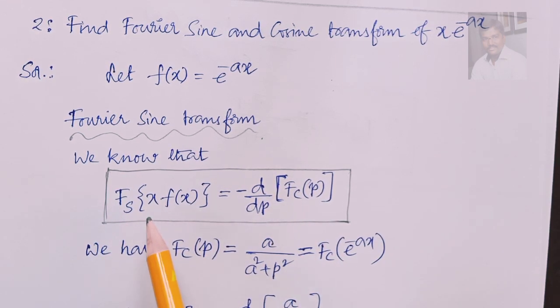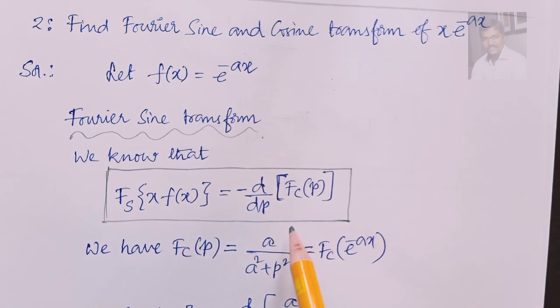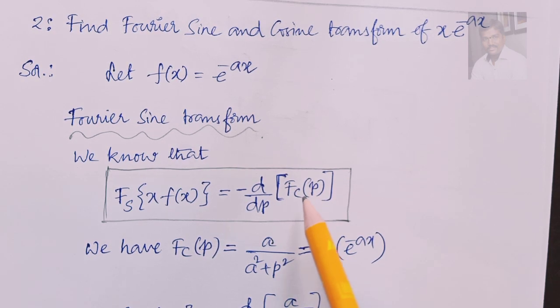That is, Fourier sine transform of x into e power minus x is equal to minus d by dp of fc of p. Since in the previous problem we already found the Fourier cosine transform of e power minus x and the Fourier sine transform of e power minus x, now we are going to use that formula and those values.